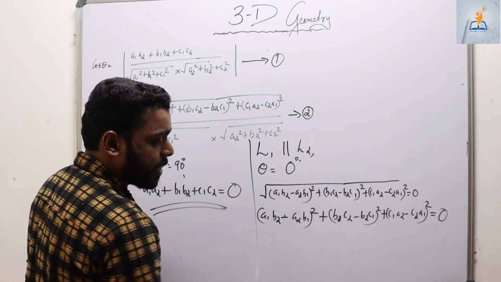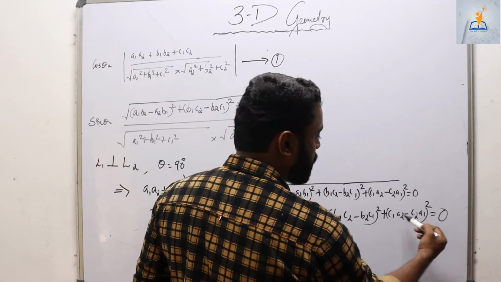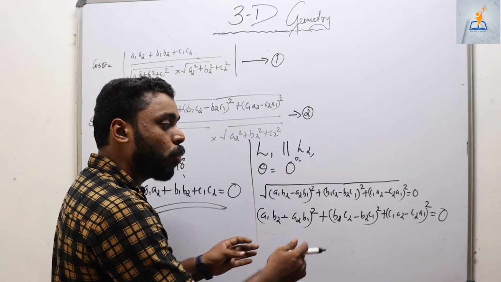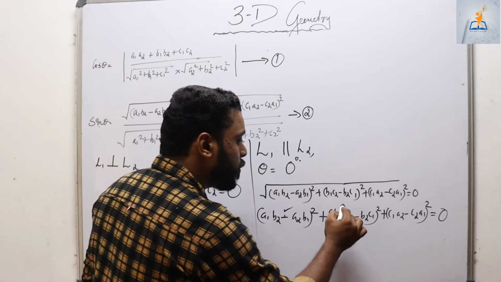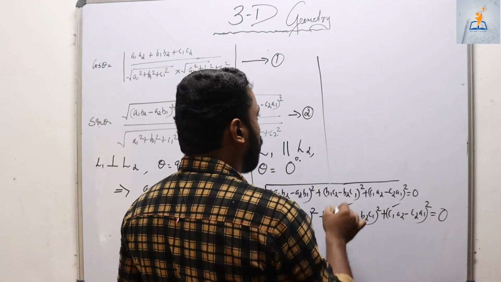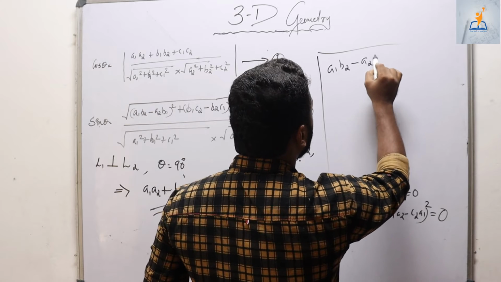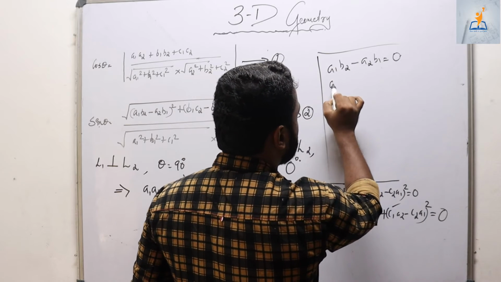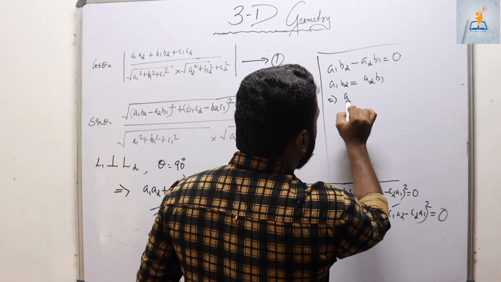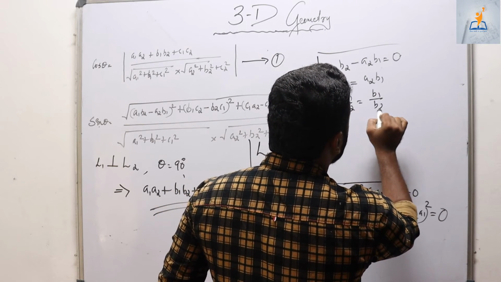See, each of these is a non-negative quantity, and the sum of three non-negative quantities equal to 0 means that each component of this sum must be equal to 0. So a1 b2 minus a2 b1 must be equal to 0, which means a1 b2 is equal to a2 b1, which implies a1 by a2 is equal to b1 by b2, right?